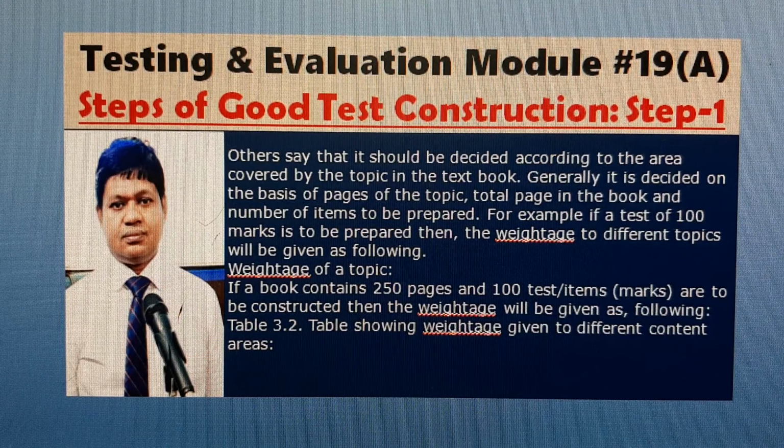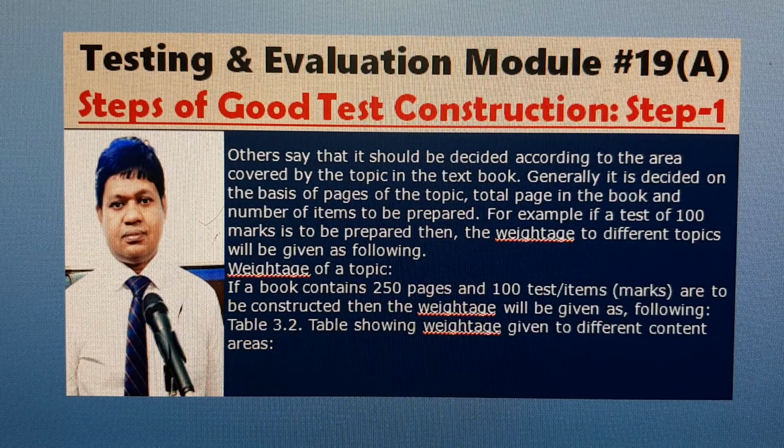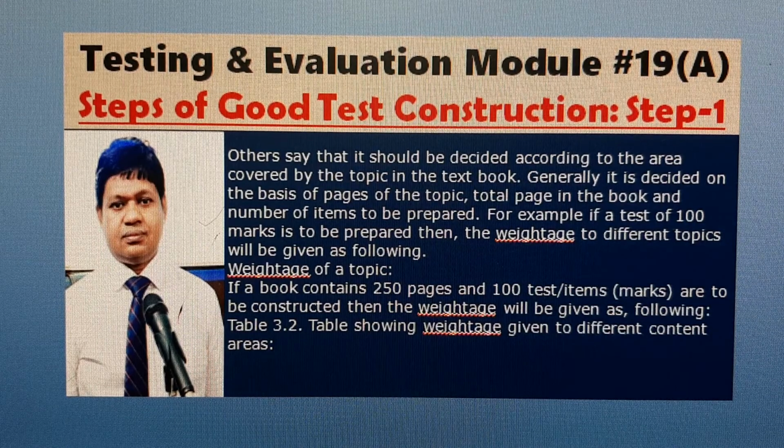Generally, it's decided on the basis of pages of the topic, total pages in the book, and number of items to be prepared. For example, if a test of 100 marks is to be prepared, then the weightage to different topics will be given as follows.